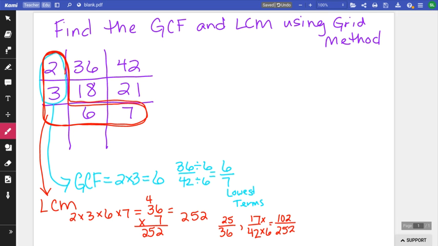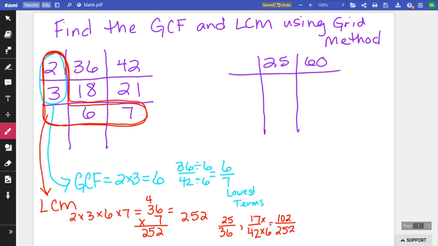So let's try one more set of numbers. So we have 25 and 60. So again, start with our two numbers, start with our grid method, and find a common factor.